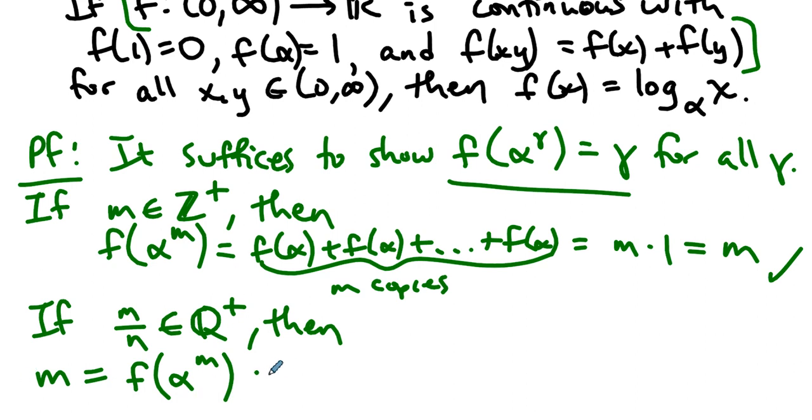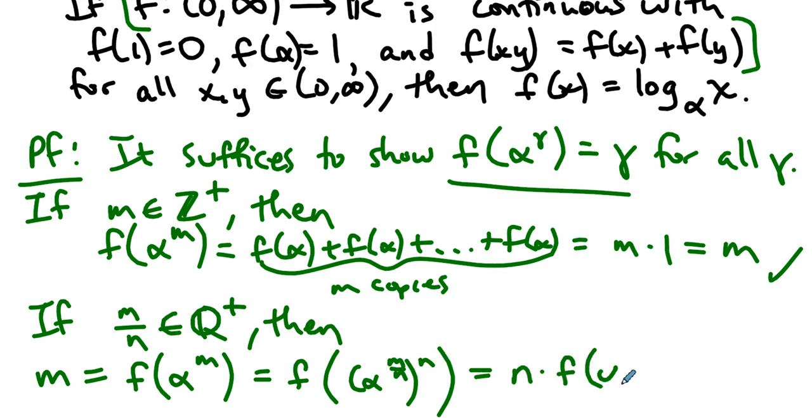So what is f of alpha to the m? Well, that's f of alpha to the m over n, to the n. And by hypothesis, this is n times f of alpha to the m over n. Right? Because we know by hypothesis that if you raise something to an integer power, well, there it is.